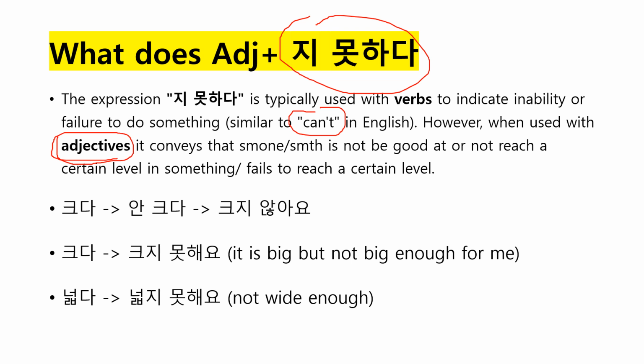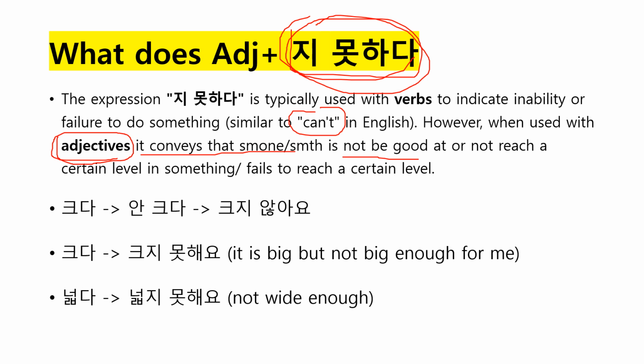So today we are learning that. Remember that you usually use it with verbs. With an adjective, it means that someone is not good enough at something or doesn't reach a certain level in something, right? Or fails to reach some sort of level. In that case, you can use 치 못하다.